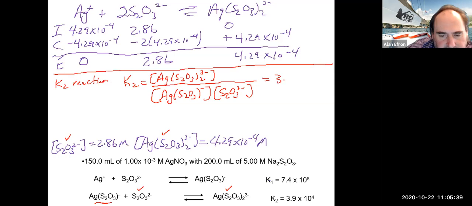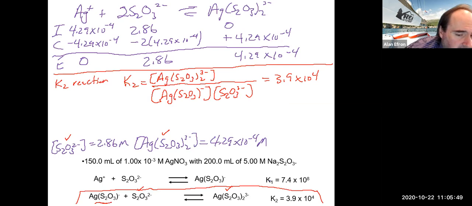And this equals 3.9 times 10 to the 4. So what I am doing now is using just this second equation, and I could do that because it's an equilibrium equation. I have equilibrium concentrations, and that's going to allow me to solve for this guy.